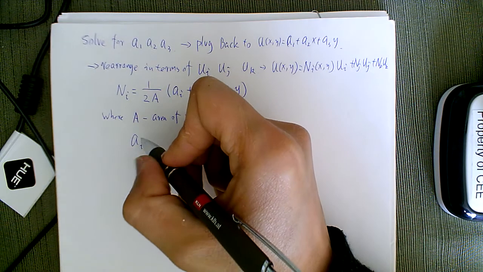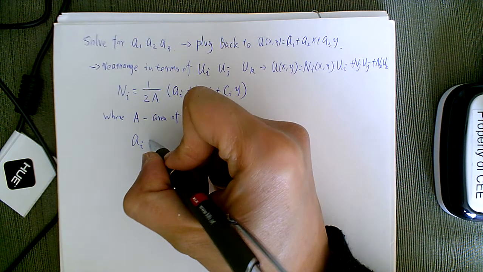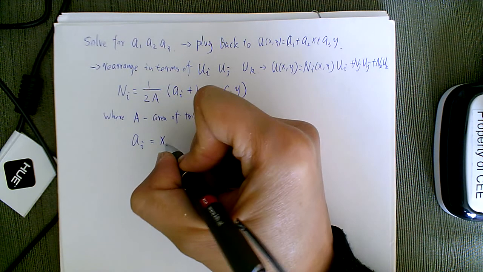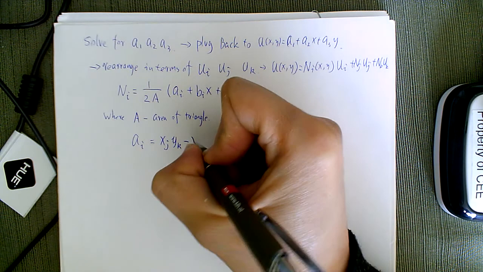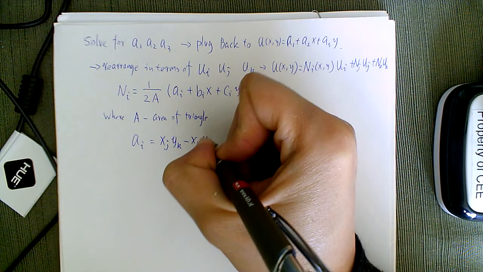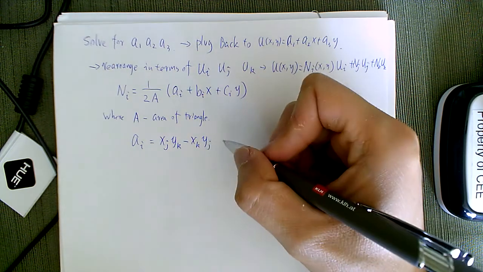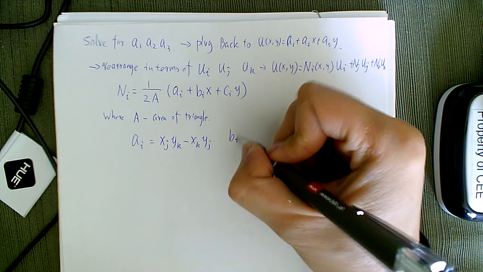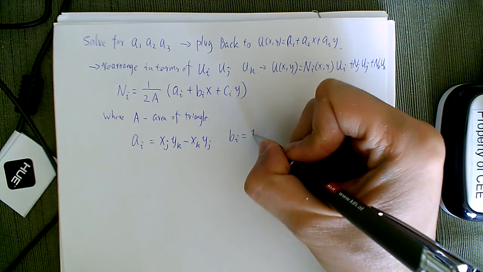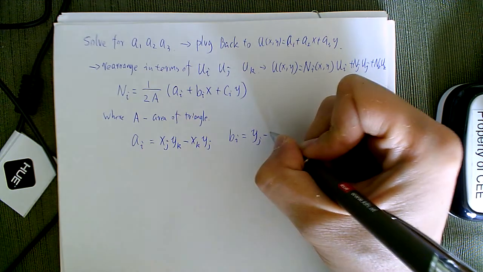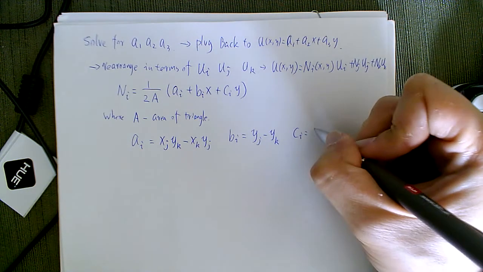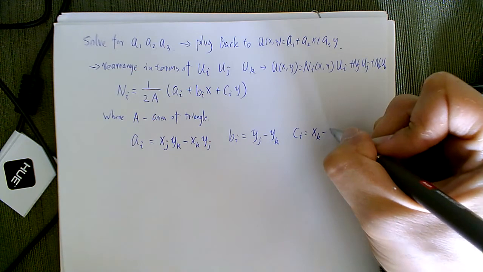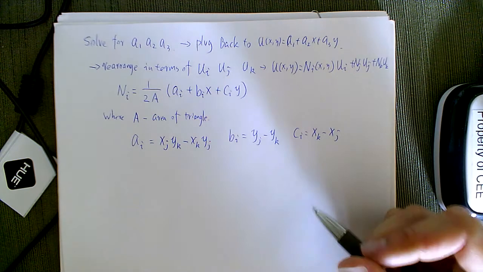ai, that's exactly the reason I don't write this thing out, equals xj yk minus xk yj. Wow. Then bi equals yj minus yk, and then ci equals xk minus xj.